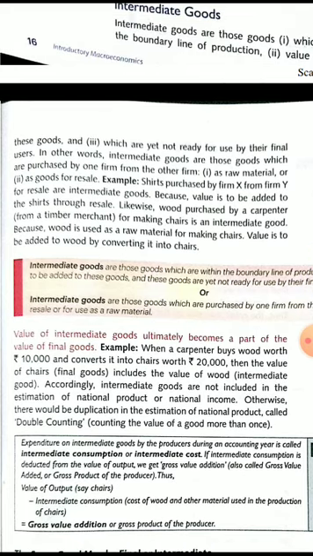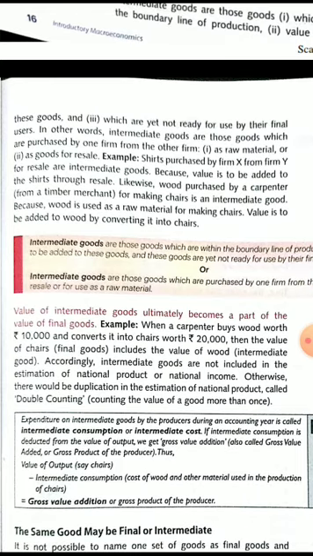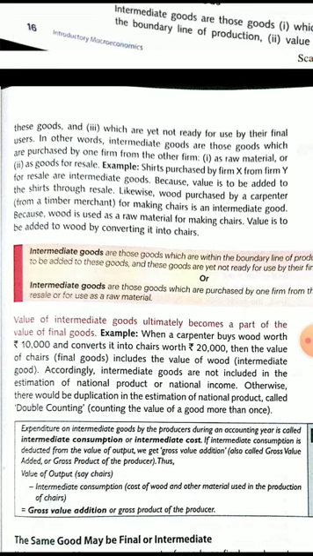The marker-making company is Cello, and another company produces the refill, and then Cello purchases that refill, places it inside the marker and sells it in the market. So that will be the example of intermediate goods.